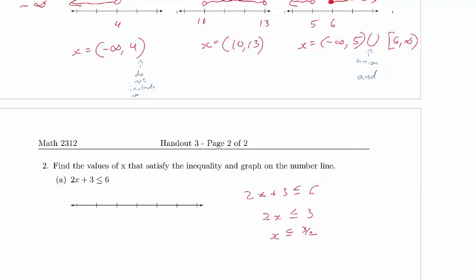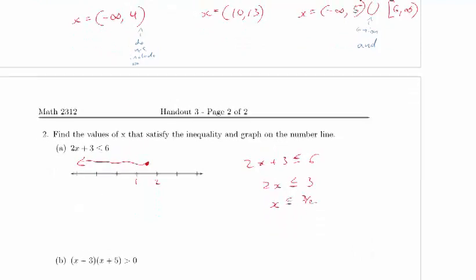Note that we did everything the way that we normally would, and so 3/2, we'll put a solid circle, x is less than, and so it goes right there. It's 3/2, so it's going to be in between 1 and 2, right? Perfectly halfway. All right, we got it.